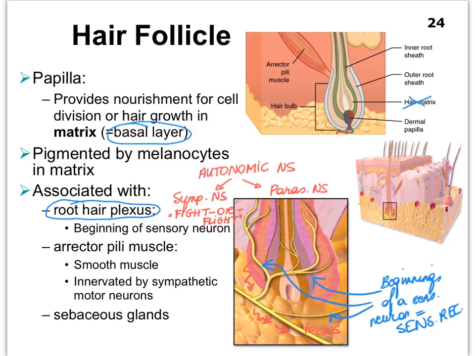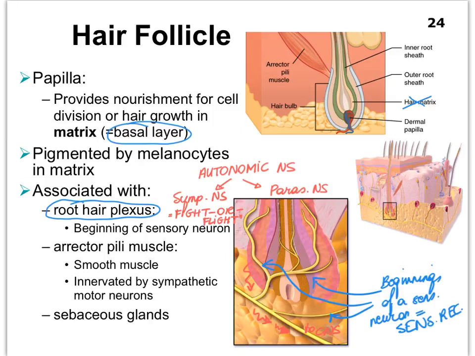Sometimes it doesn't happen, or you don't recognize that it happened to you until later in life. And so it is your fight or flight nervous system, or better called your sympathetic nervous system, which has other nerve cells that we call motor neurons, that innervate that erector pili muscle to contract.